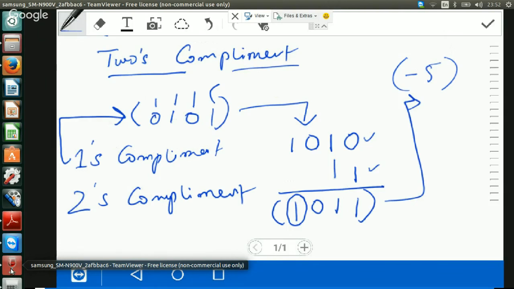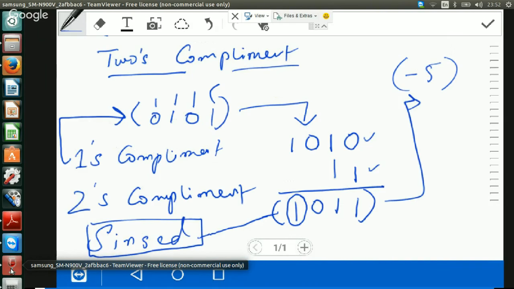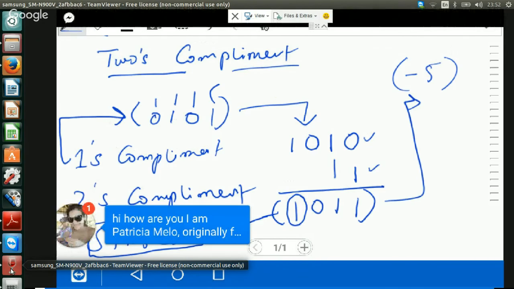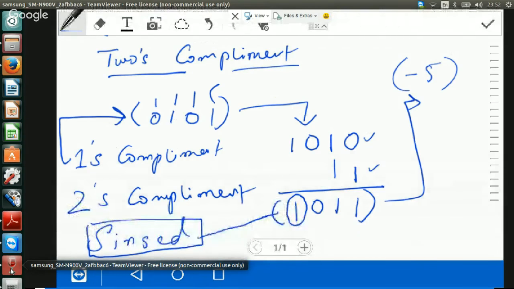If they mention that the number is signed, and you look at a number and find that the very first leftmost bit is 1, then you say this is a negative number.